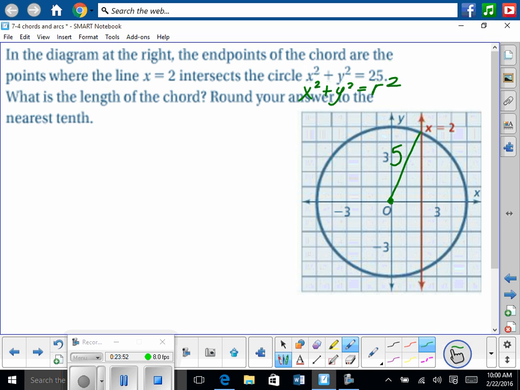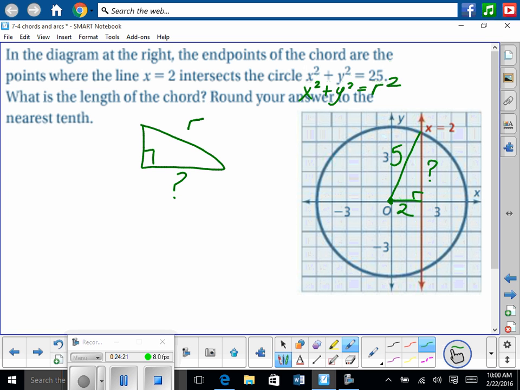1, 2, 3, 4, 5. Does everybody see that? Then from here, what's that distance, people? 2. Now, can't we find this piece? Then from there, once again, we know because this is a diameter dropped to a chord, that's definitely 90 degrees. So don't we just have a right triangle? So we have a 90 degree angle, we have a question mark here.